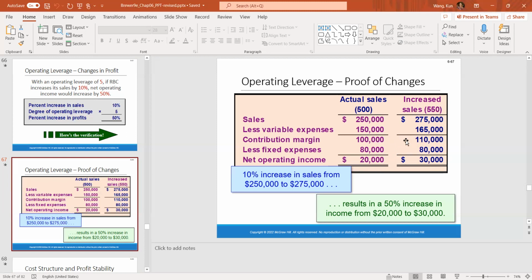So contribution margin only increased 10%, but the operating income increased 50%, which is 10,000 divided by 20,000. This proves what we talked about: we can make the simple prediction without constructing the income statement. We can quickly know the increase of the profit will be 50% of the 20,000, which is 10,000.